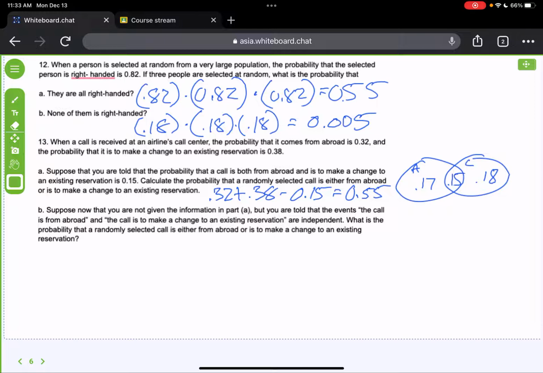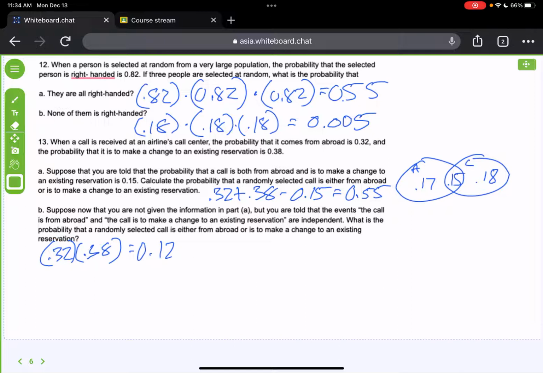Now, to do B, it says, suppose now that you're not given the information in Part A, but you're told that the events abroad and change are independent. So what that means, if they're independent, is we can multiply 0.32 times 0.38, and that's going to give us 0.12.